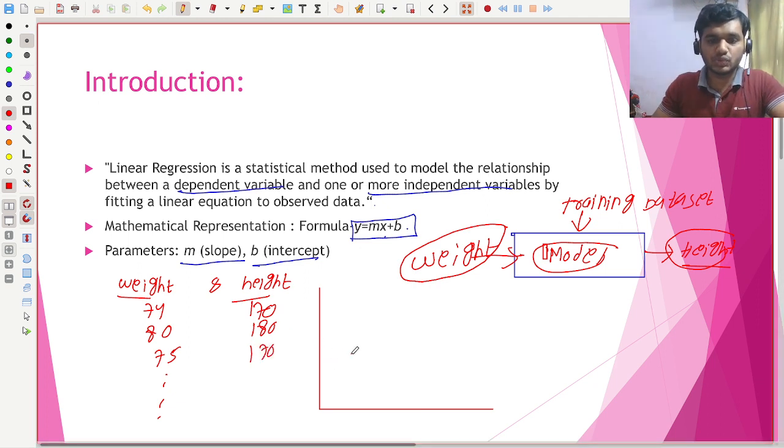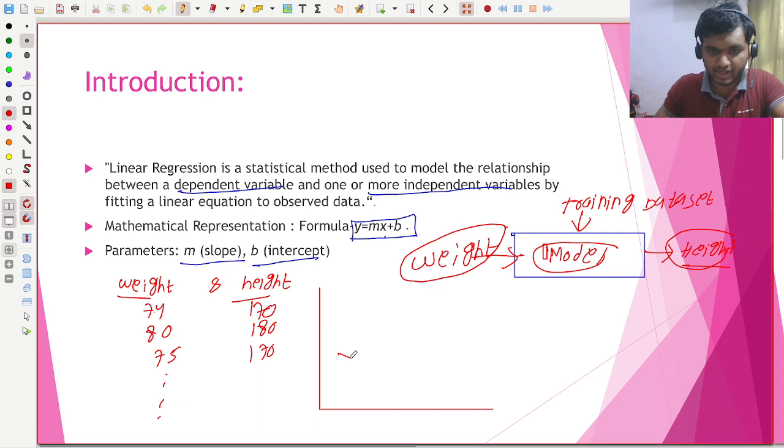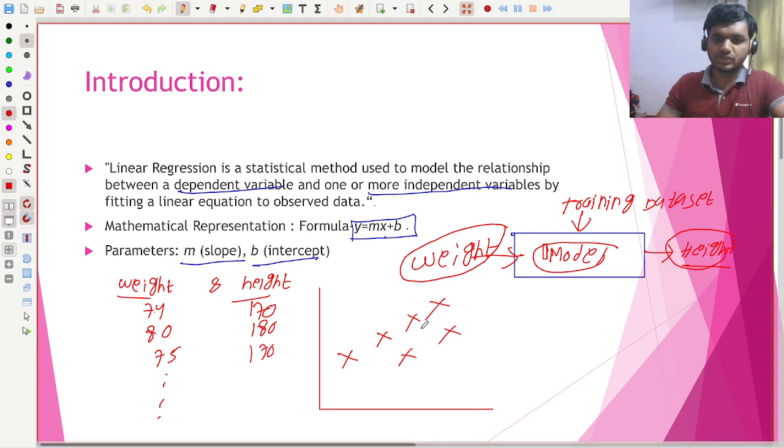Suppose you draw this data set: at weight 74, height is 170, and some points here and here.